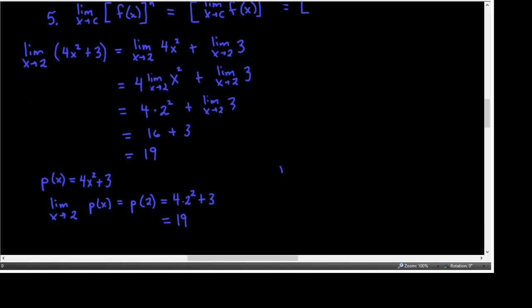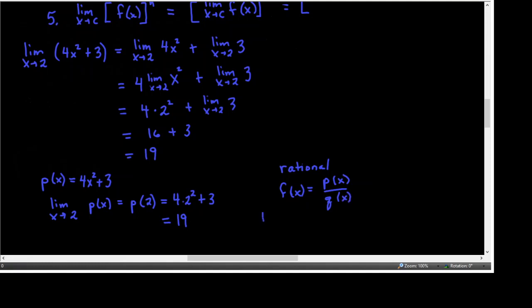Also, rational functions, which are defined to be the quotient of 2 polynomials, p of x over q of x, where p and q are both polynomials.